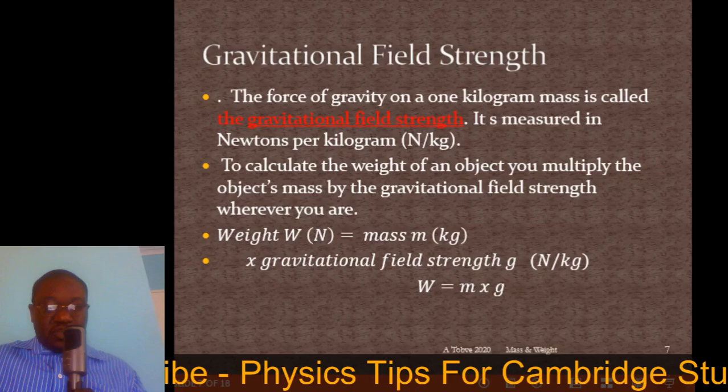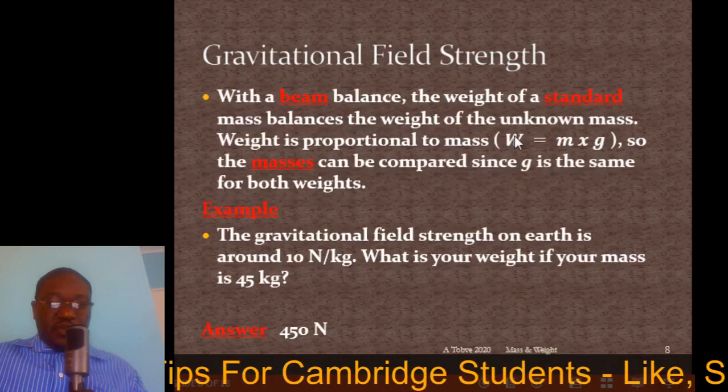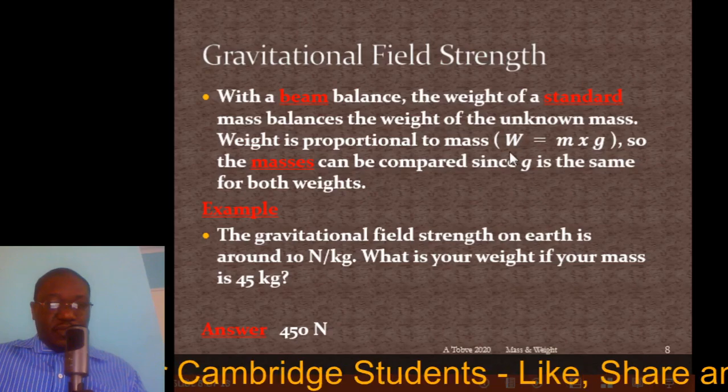That is, W is proportional to M, from the equation W is equal to M times G. So if the mass is kept constant, then W is directly proportional to G. And if G is constant, that is here on Earth, W is proportional to M. Which means that if one increases by a factor, the other must increase by the same factor as well. So the masses can be compared since G is the same for both weights.